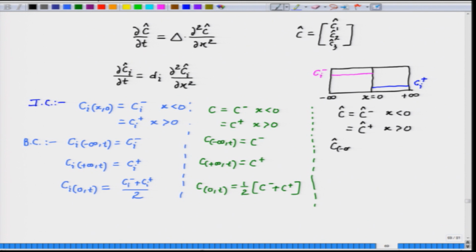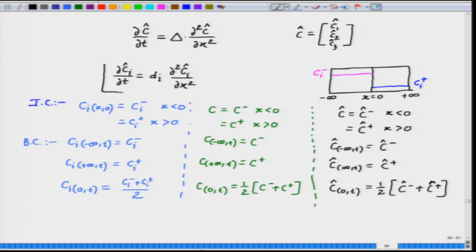C cap at minus infinity, t would be C cap minus, C cap at plus infinity, t would be C cap plus, and C cap at 0, t would be half C cap minus plus C cap plus, right. So, we have to solve now this diffusion equation, and the initial and boundary conditions are defined by this matrix equation.